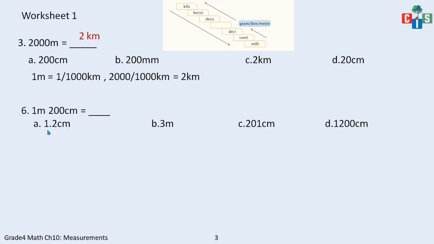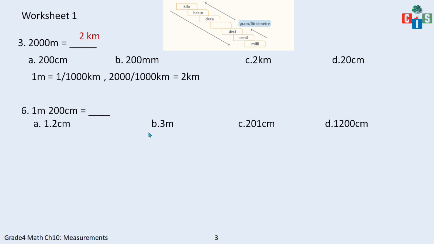It says 1.2 centimeter, so it's 1 centimeter point something. But in your hand you already have 200 centimeter. So this is not the right option, because you already have more centimeters, that is 200 centimeter, and here it's saying only 1 centimeter point something. So this is not the right option.